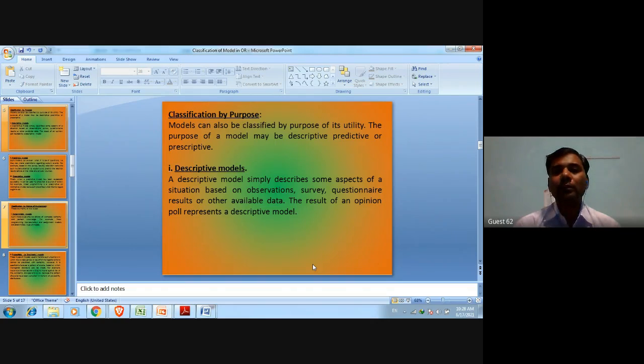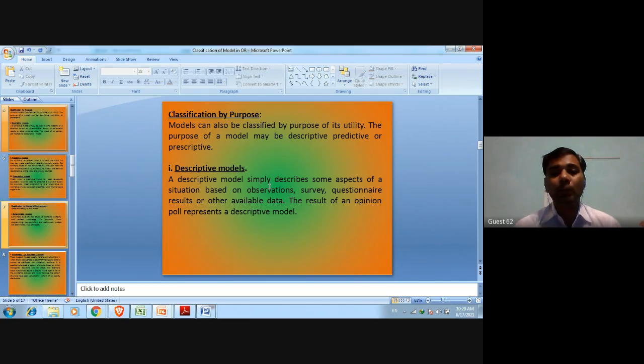After getting 1000 responses, you will describe all the aspects, meaning all the questions you asked in your survey, and all the answers or responses. The result that you find by making a survey will be called your descriptive model.